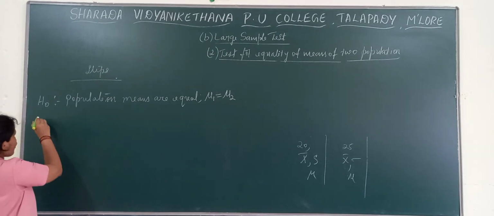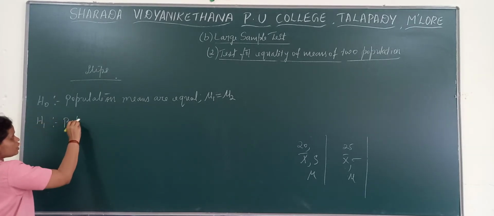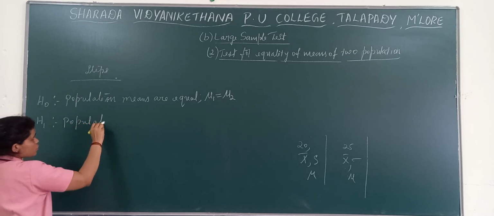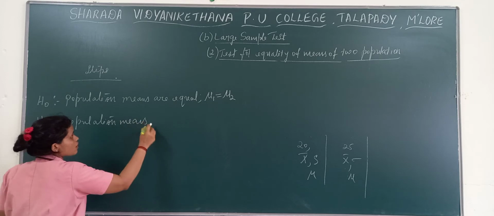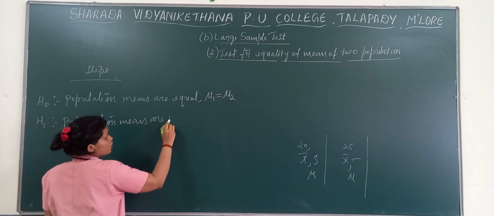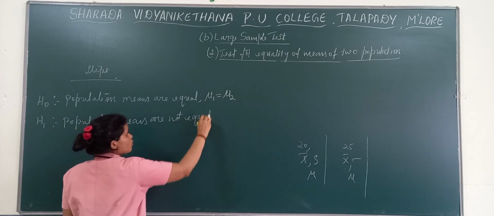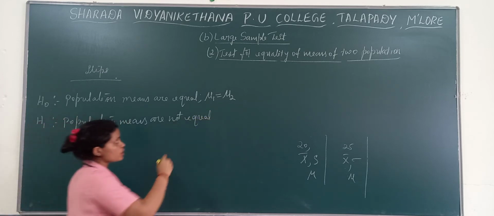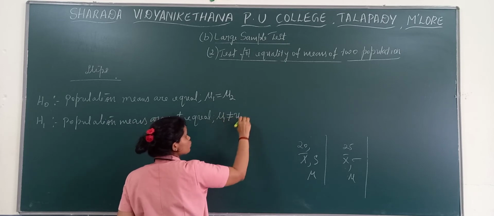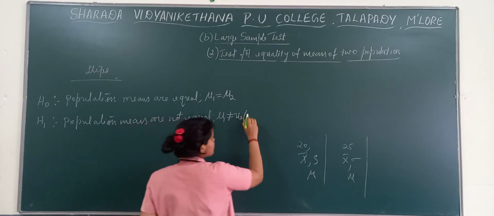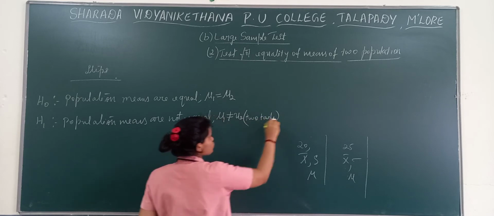Then in case of alternative hypothesis, if it is two-tailed, population means are not equal. So mu1 is not equal to mu2, that is two tail.